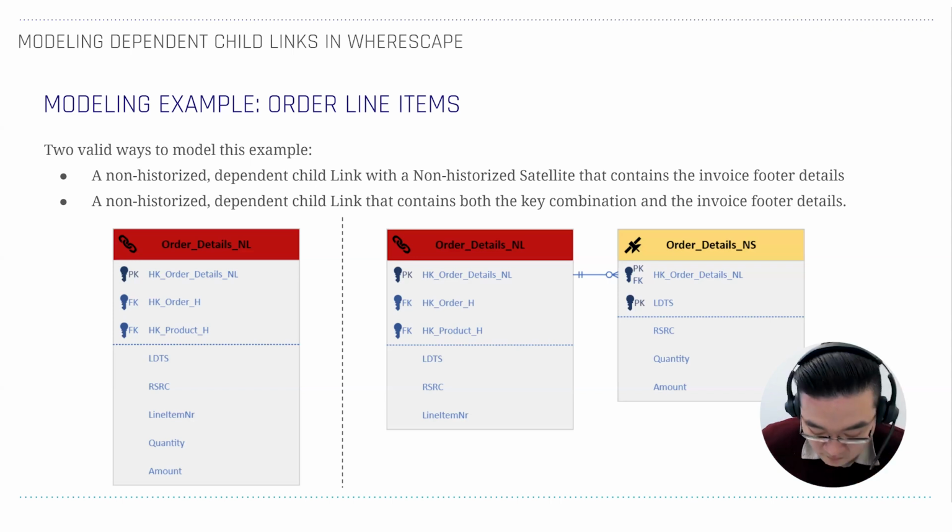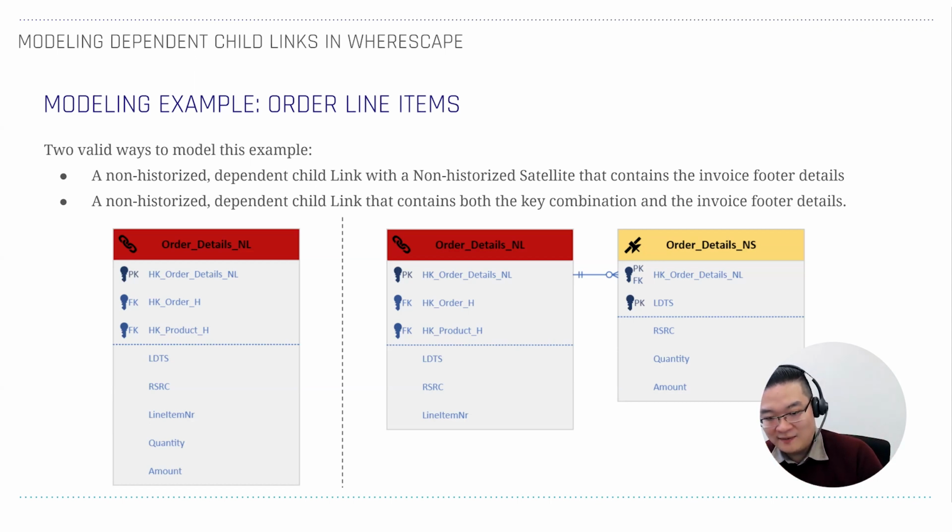The reason is that to each key combination, if the transaction information cannot be changed, you can assume that there can be only one data record. And that is where, when you combine the non-historized link structure and the satellite structure together, you would have one line per link hash key. And that is very, very easy to query.